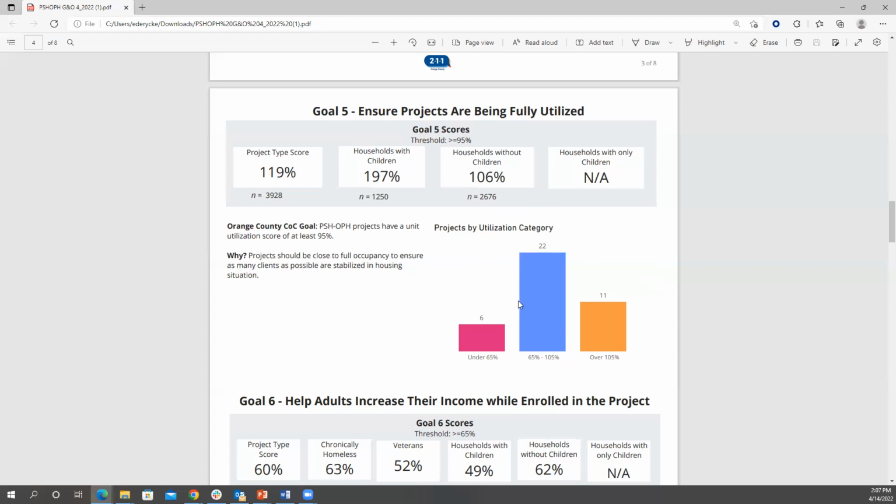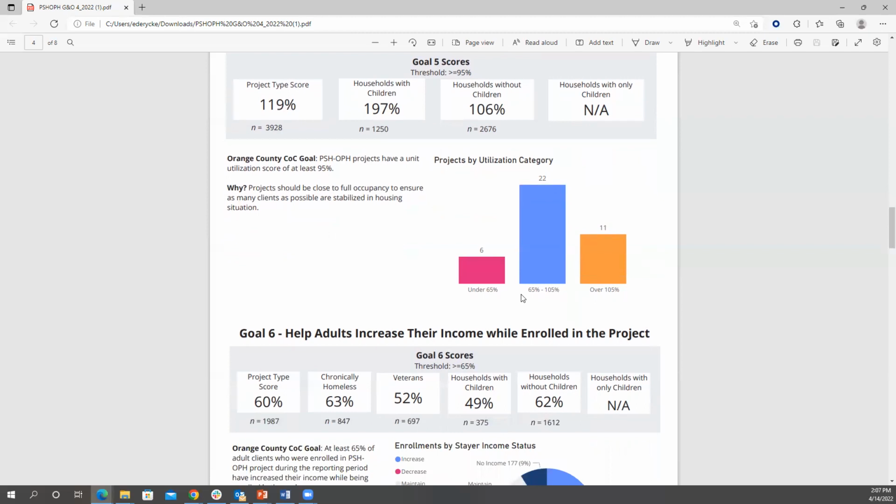And in the bar chart, you could see the number of projects with utilization below 65%, between 65 and 105, and over 105. 56% of all the projects are between 65 and 105%, which is kind of considered normal by HUD standards, even though our threshold as a CoC is 95%.